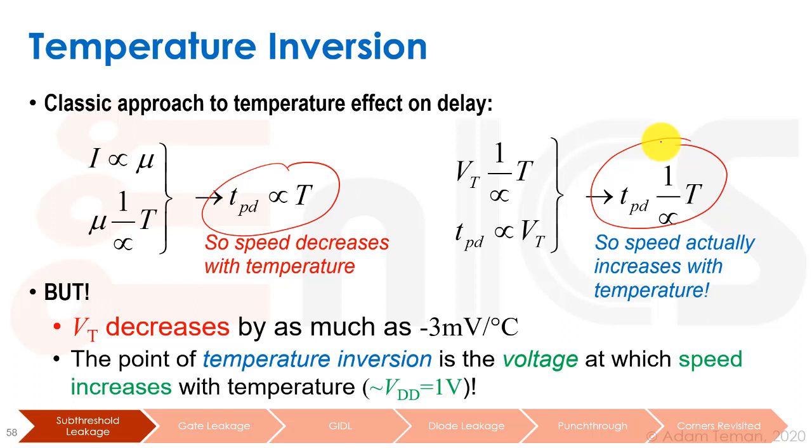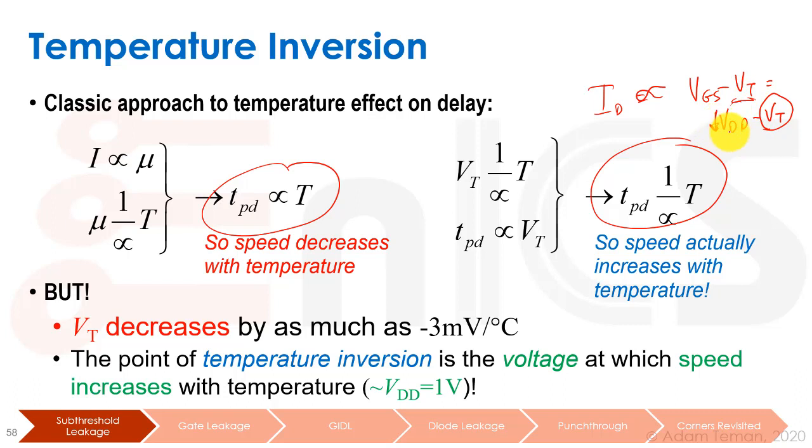Actually, the point of temperature inversion is the voltage at which the speed increases with temperature, which is about 1 volt VDD. So remember that our current is going to be proportional to VGS minus VT. And of course, that's going to be equal to VDD minus VT for most digital things. So the amount that we're dependent on VT increases as the actual difference between these goes down, or as VDD goes down.